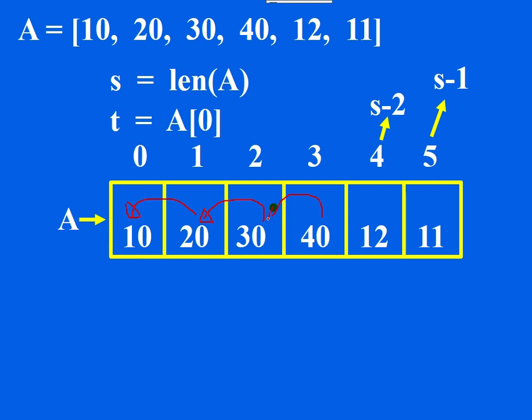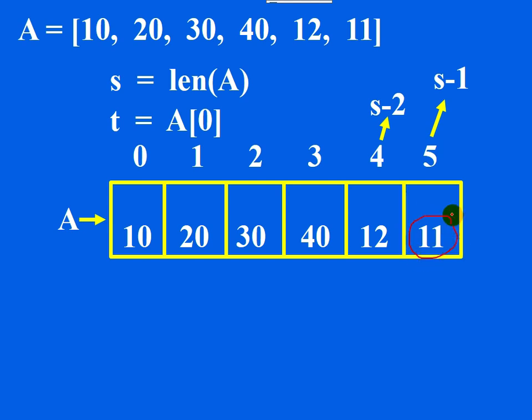Shift this one by one position to the left. Shift this one by one position to the left. Shift this one by one position to the left. Finally, this one which is there in variable t should come here. So finally t should come here. Finally means the last statement is t should be assigned to this position.